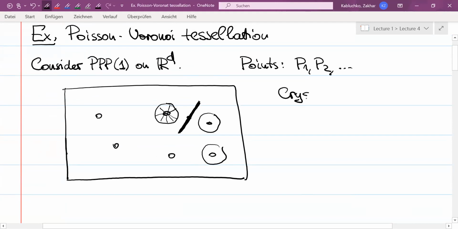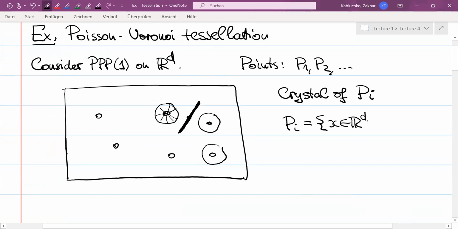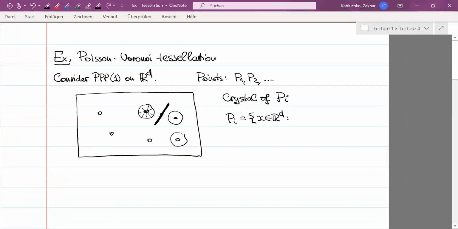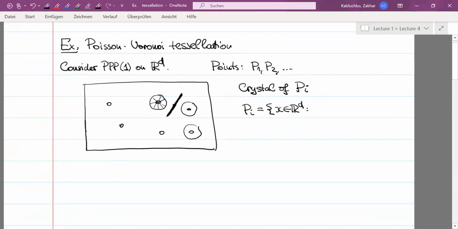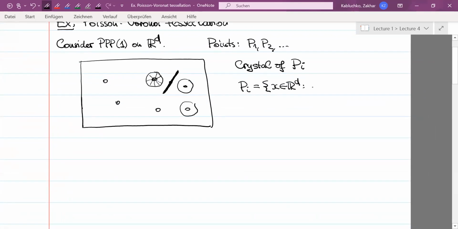The cell of the point Pi is then the set of all points in Rd such that the distance to Pi is smaller than the distance to any other point of the collection. So the distance from x to Pi is smaller or equal than the distance from x to Pj for every j.